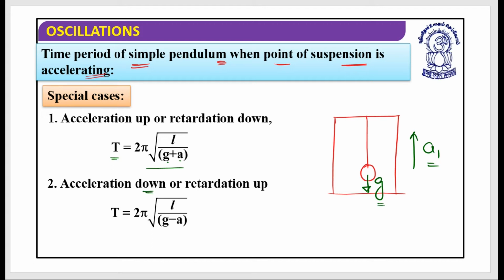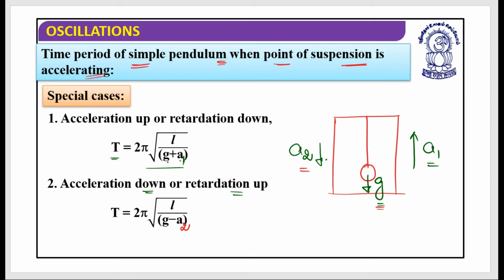Next, acceleration down or retarding up. Let's suppose this is the situation where the acceleration is a2, and the earlier one was a1. Then g is acting in the downward direction and a2 is acting in the downward direction. So T equals 2 pi under root of l divided by g minus a2.